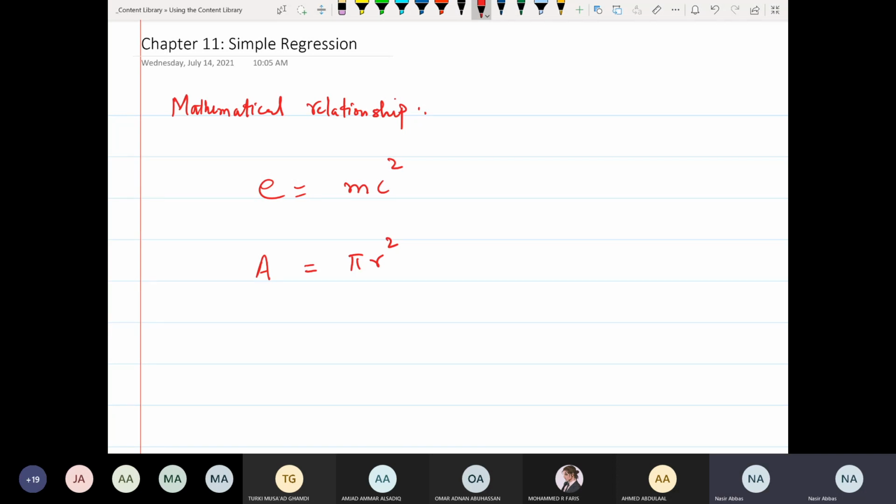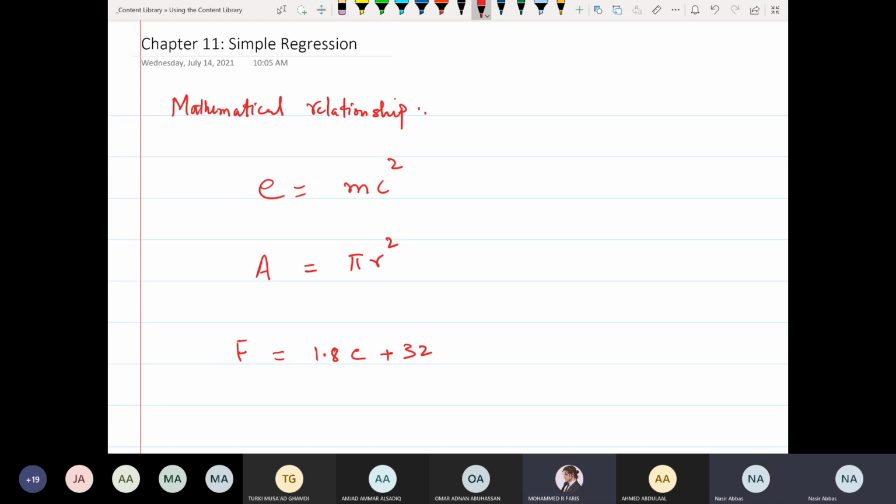The linear relationship example is about the temperature: Fahrenheit is 1.8 times Celsius plus 32. Is that a mathematical relationship? Yes.